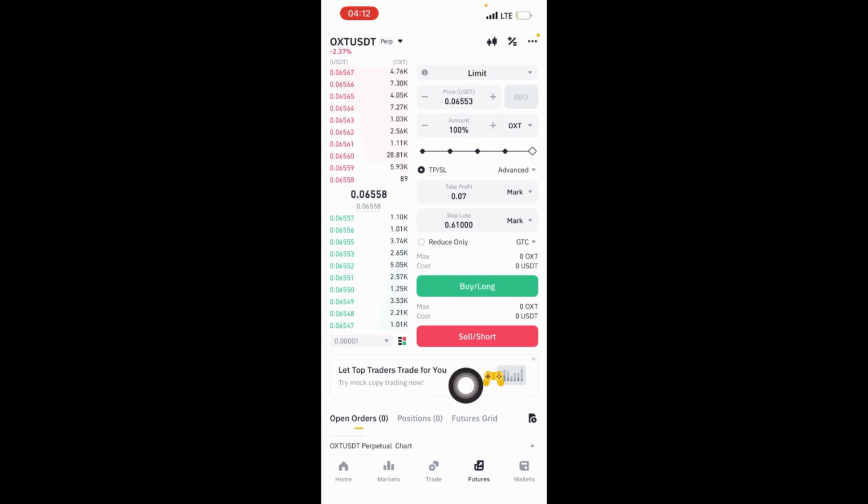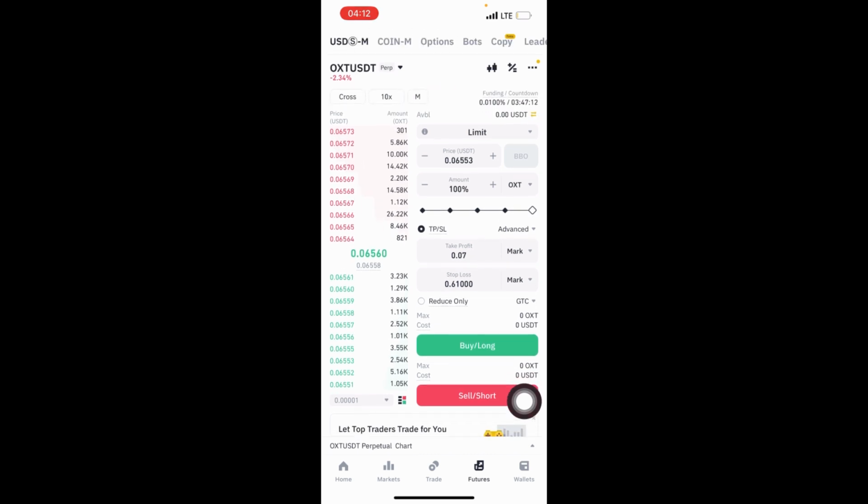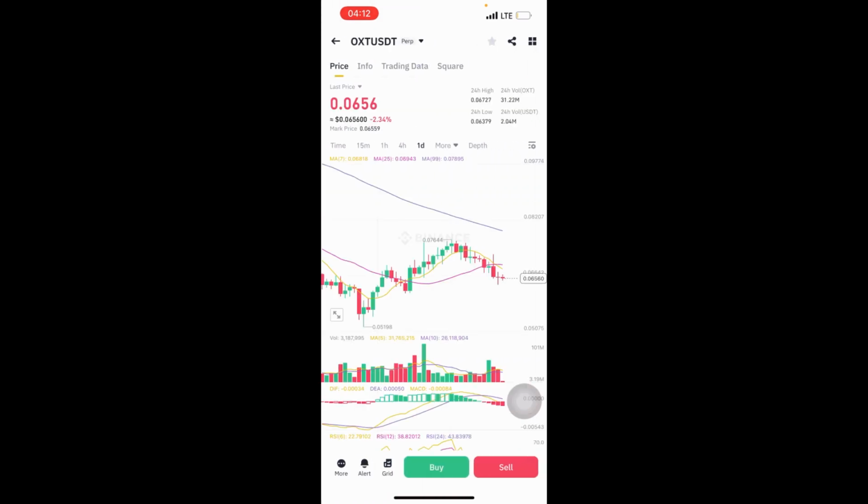And we have buy and sell. The buy long and sell short means that if I say buy long and it's going red, I'm losing money like that.